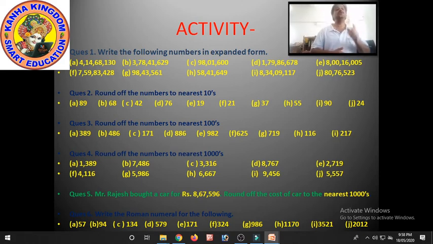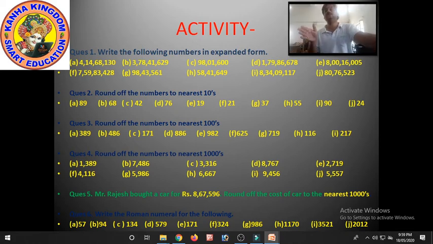Now move to the third question. The third question is: round off the number to the nearest 100. In this question also, you remember two things again. What? First is the tens value and another is the 100 value. If the tens value is less than 5, then what you have to do?